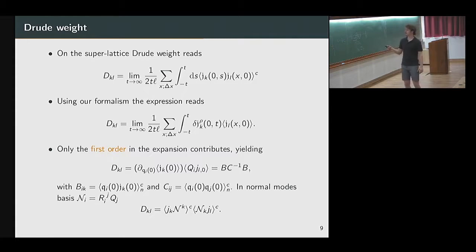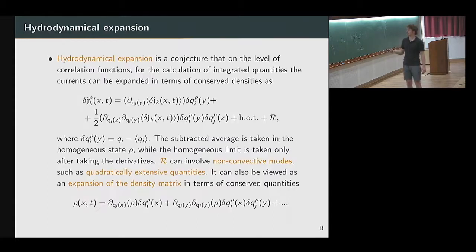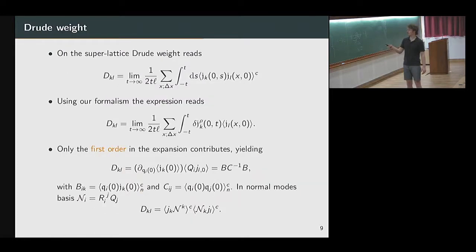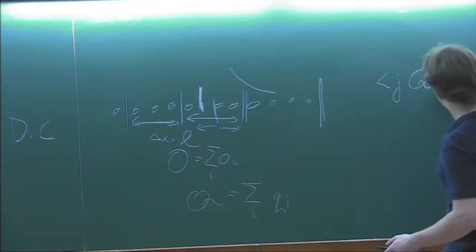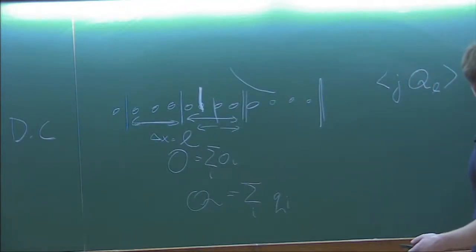And basically this corresponds to applying this expansion to the expectation value of the current JL. And this gives me the well-known result. So the Drude weight can be actually expressed as a projection of a current J to charges QL.